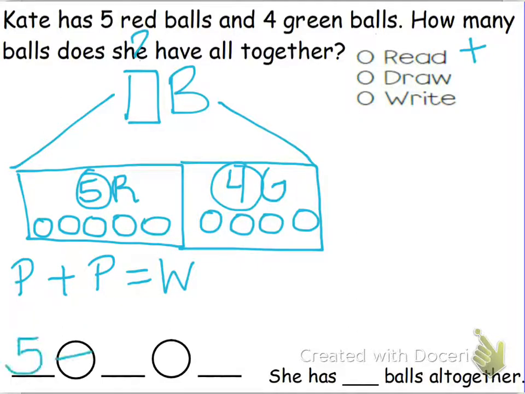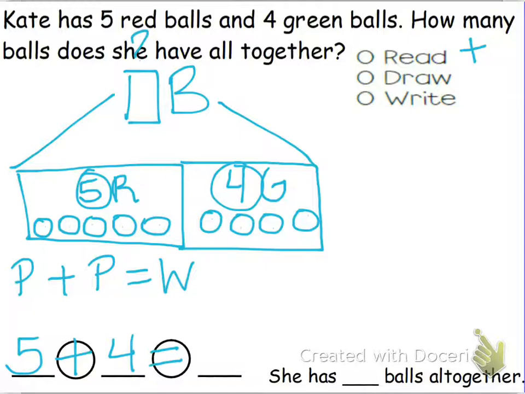So 5 plus 4 equals, what is our whole? Well, what can we do to figure out our whole? Well, we can count each of these circles. You can count the 5 circles, then the 4 circles. So you can go 1, 2, 3, 4, 5, 6, 7, 8, 9. So you know it's 9 altogether.